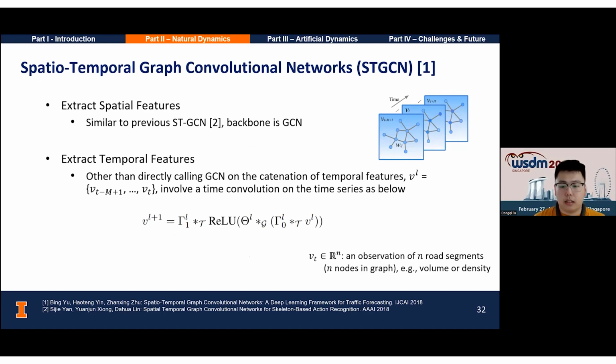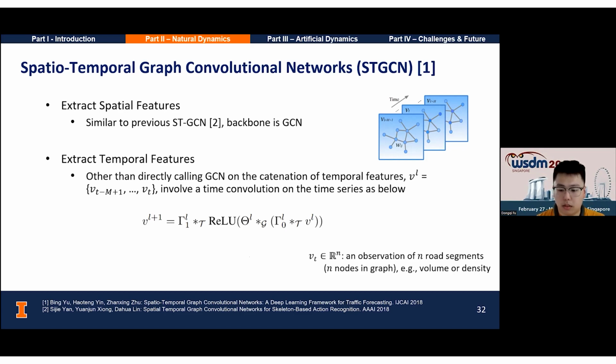Instead, it uses the time convolution on temporal features. For example, VL is expressed as follows. VL is a concatenation of the node features VT. And recall that VT here is an n-dimensional vector, which means the temporal features of n roads at time t.